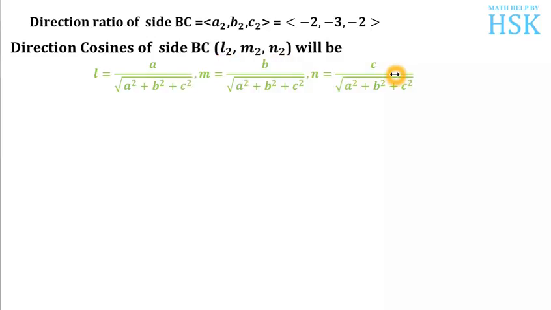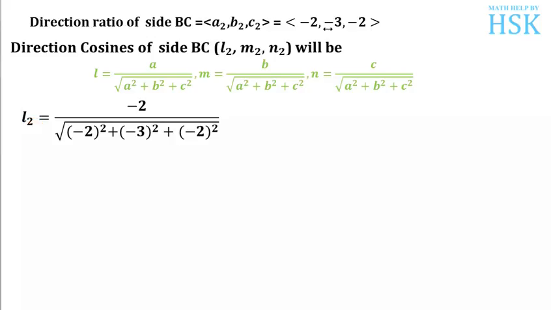Using this formula again, I'm going to get l2 as equal to minus 2 upon the square root of a2 square plus b2 square plus c2 square, that is minus 2 square plus minus 3 square plus minus 2 square. Minus 2 square is 4, minus 3 square is 9, minus 2 square is 4, which gives the value as minus 2 upon the square root of 17.